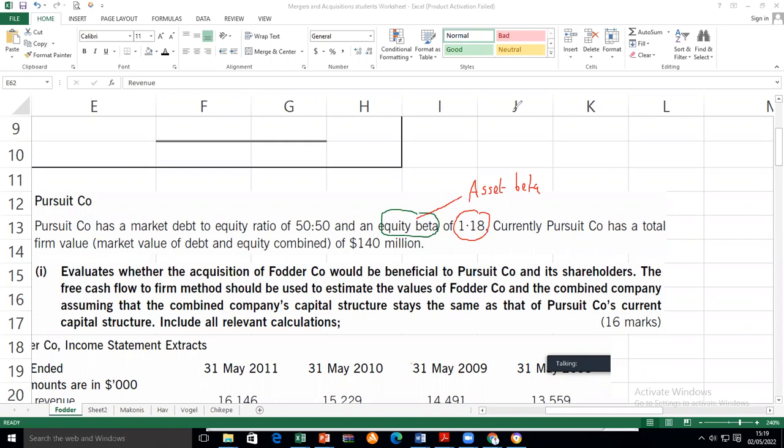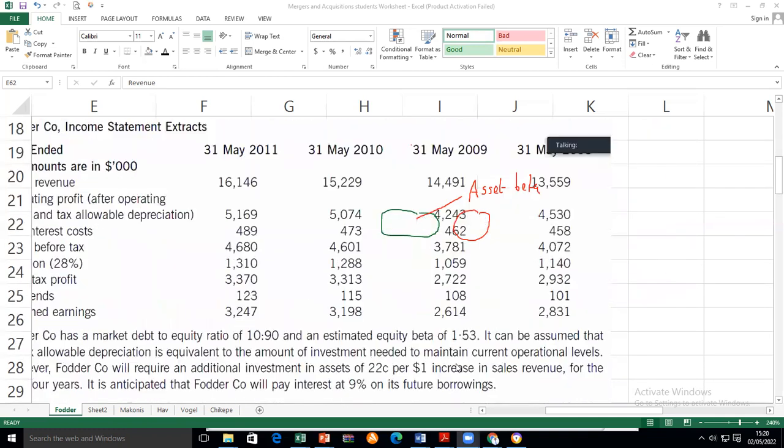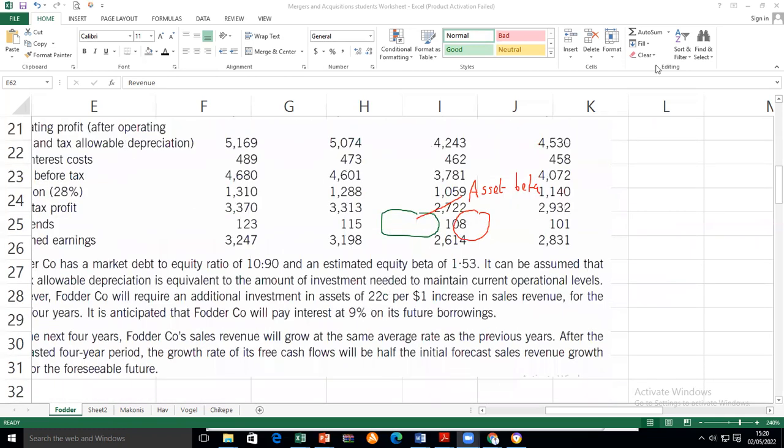Similarly, when you look at the F also, what has been given? We've also been given another equity beta of 1.53.